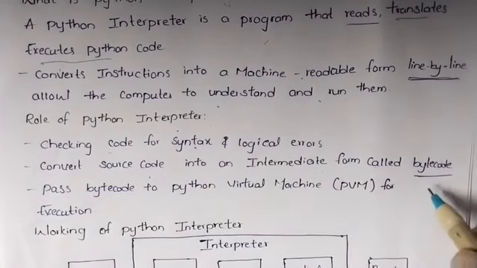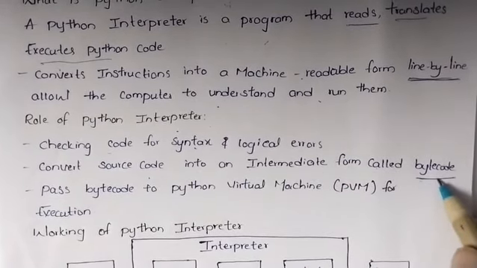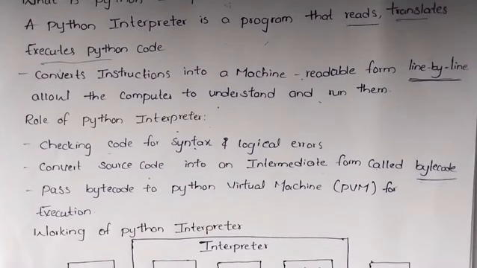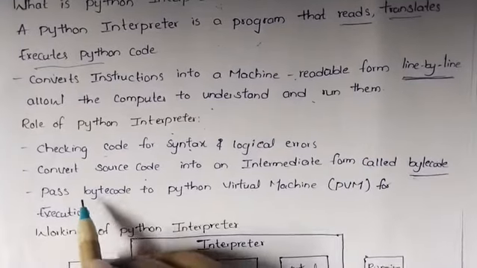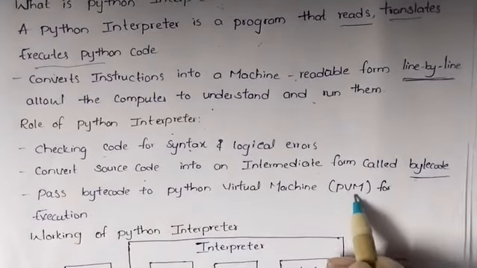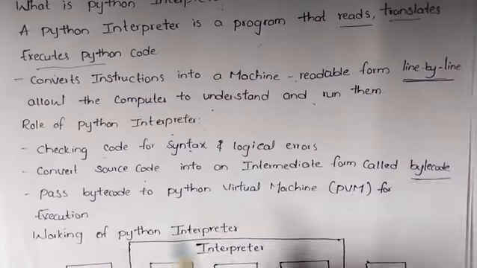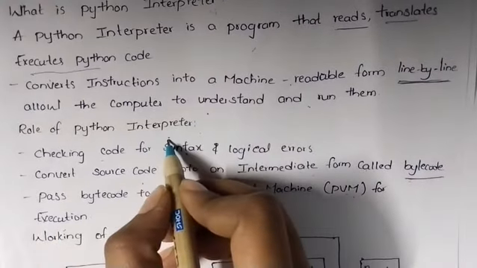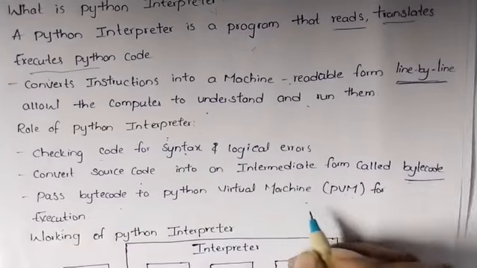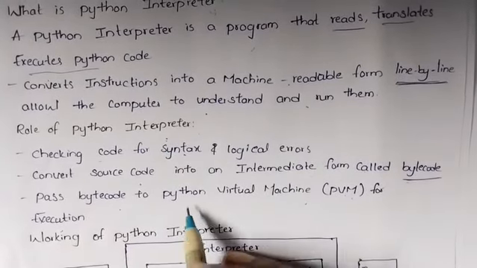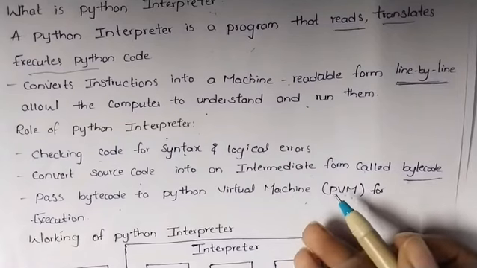It can only understand bytecode, and then it converts it into machine readable code like binary language. Okay, next it passes the bytecode to the virtual machine for execution. The interpreter is only responsible for converting to bytecode, and the machine readable code is produced by the Python virtual machine.